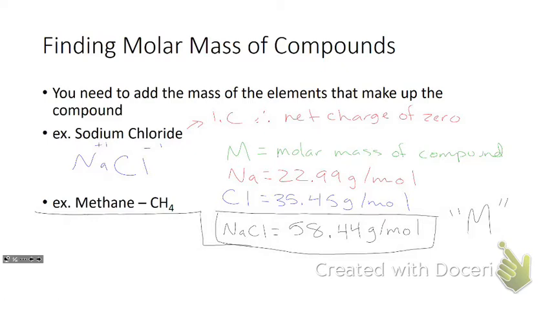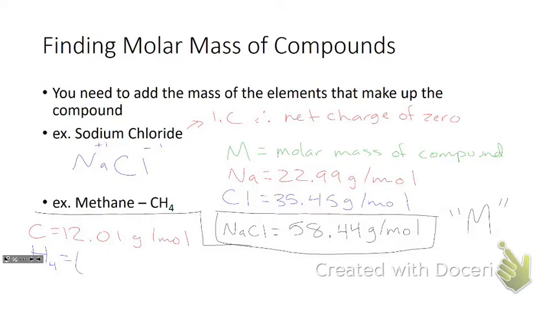So, we'll start with the carbon, which from the periodic table, the molar mass of carbon is 12.01 grams per mole. And hydrogen, and there are 4 of them, so I'm going to write H4 is equal to, hydrogen has a molar mass of 1.01 grams per mole.